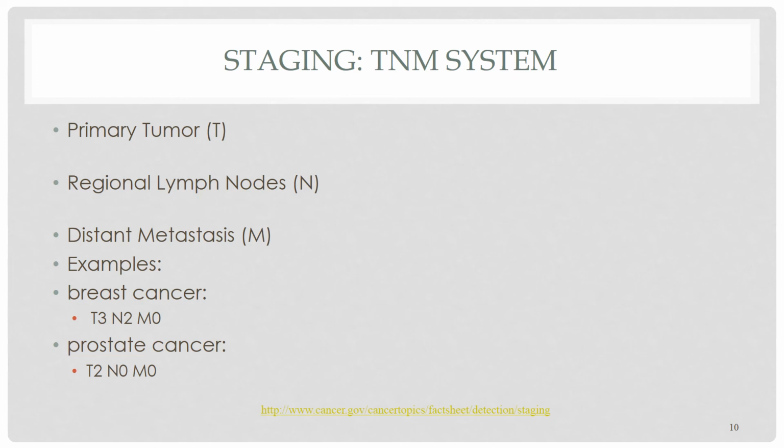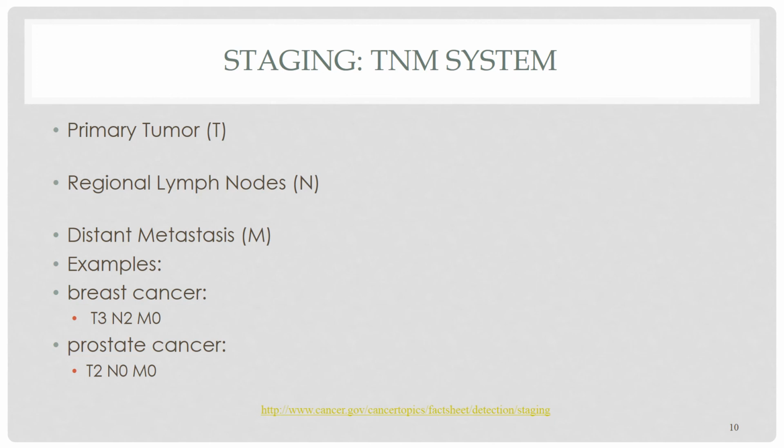So again, staging will show you the size and the extent, and grading is differentiation. So staging is basically what happened to the tumor, and grading is how bad they are.